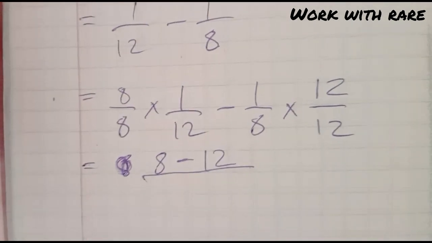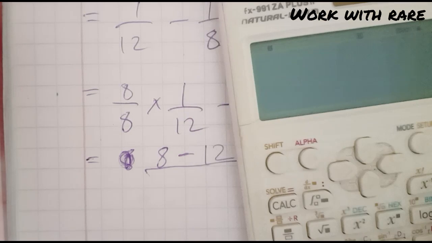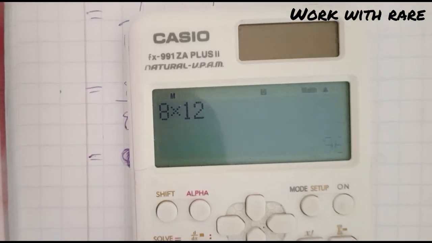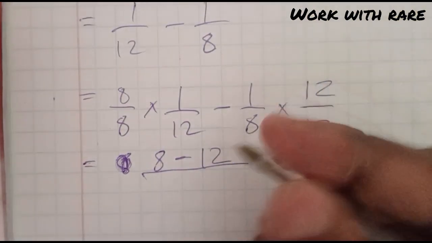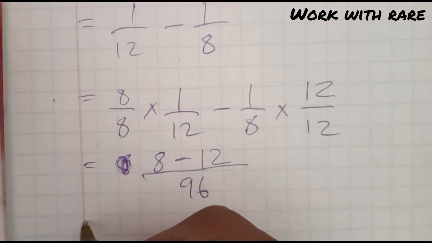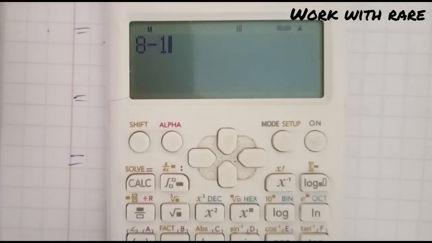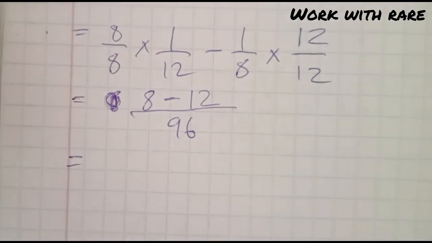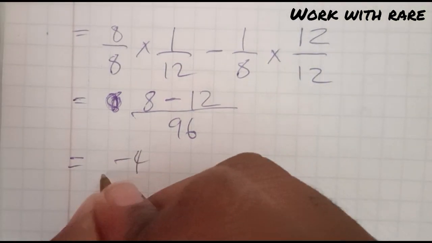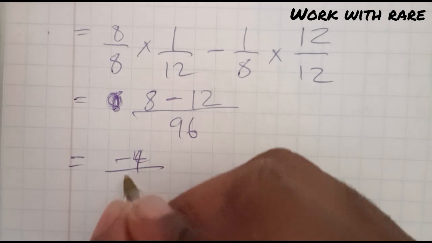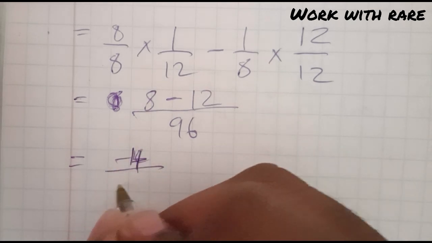Okay, so we can write it as one thing. So it will be 8 multiplied by 12, which is 96. So we'll say, okay, here we have 96. Okay, so I will say, okay, my numerator is 8 minus 12, which is negative 4. So I'll write negative 4 over 96.